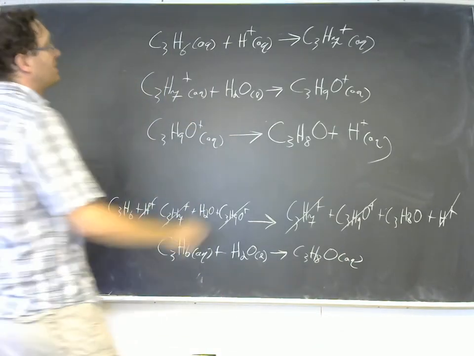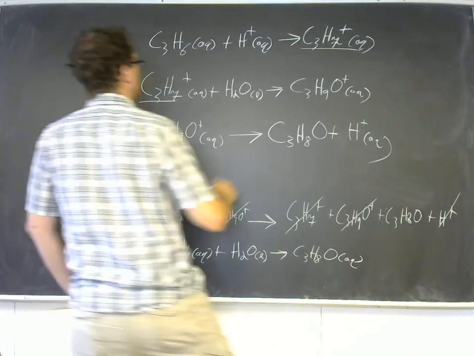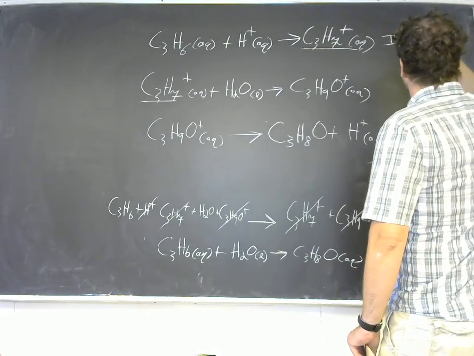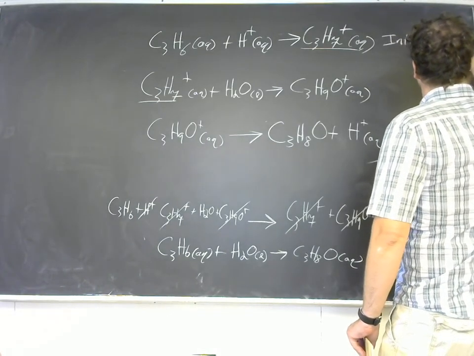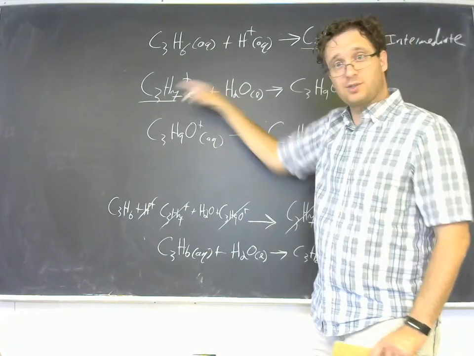Which means that C3H7+ is an intermediate. It has been produced first and consumed second.